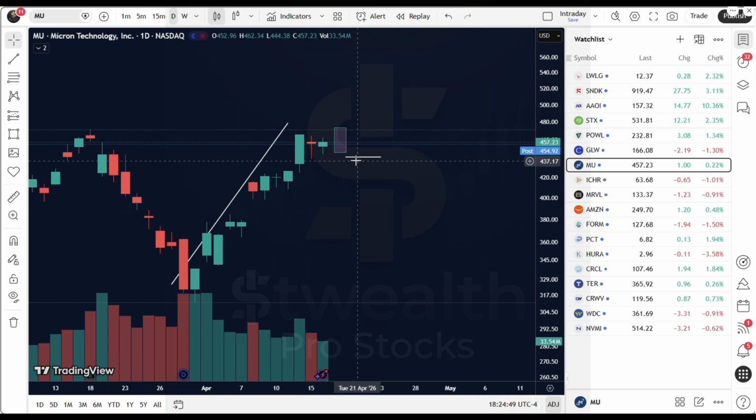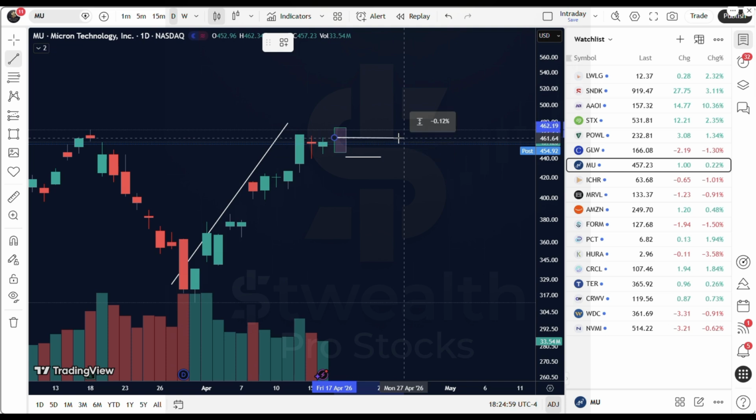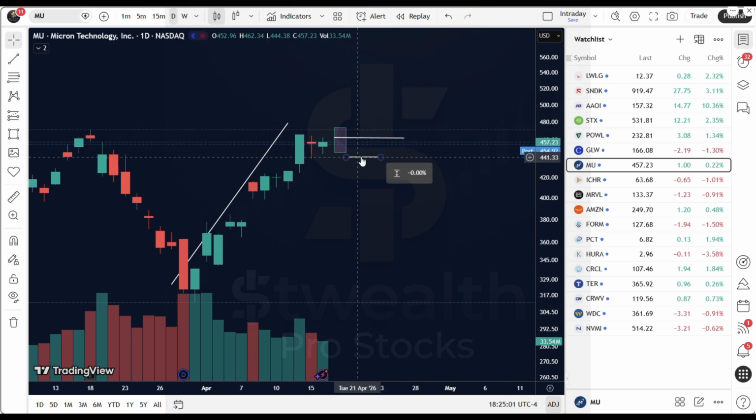And my entry can be anywhere in this range, anywhere in the previous day's range. So from here all the way to here, that is my range where I can enter. Obviously, the higher it goes, if you enter, your risk is widening.